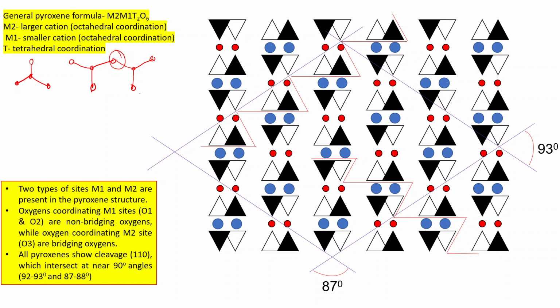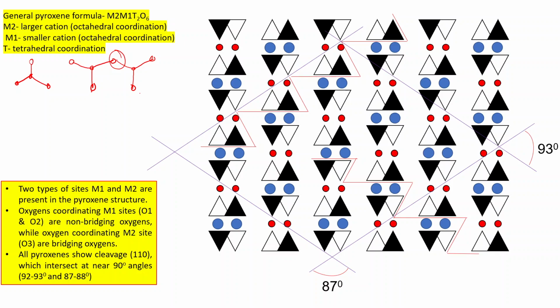This is how it has been shown in this figure. I have drawn this figure myself here, and I have referred to the book by Deer, Howie and Zussman. The general formula of pyroxene is M2 M1 T2O6. Here M2 is the larger cation, which shows octahedral coordination. M1 is the smaller cation, which also shows octahedral coordination, while T shows tetrahedral coordination.